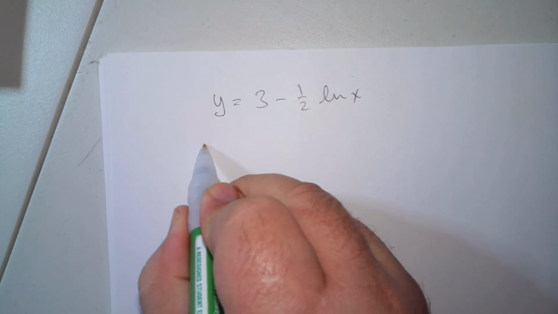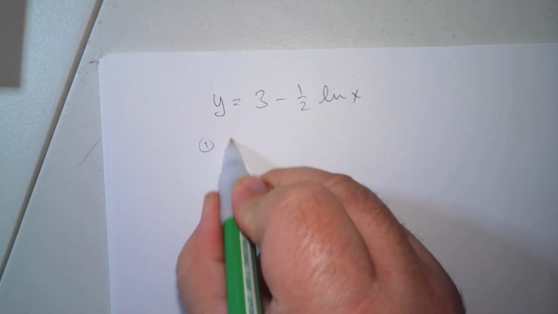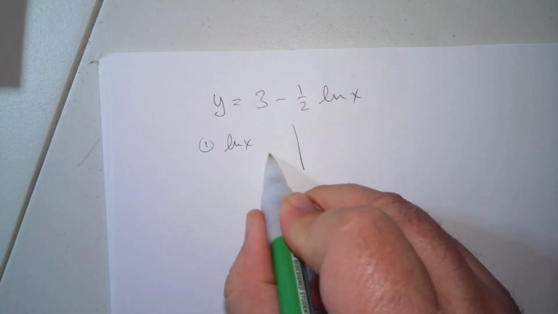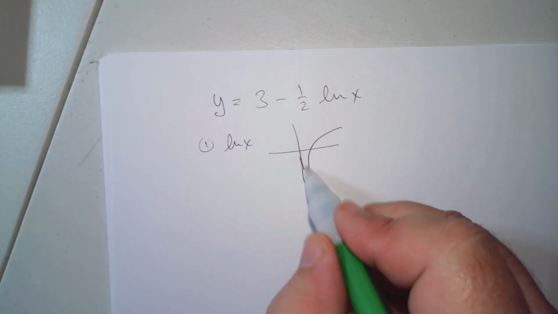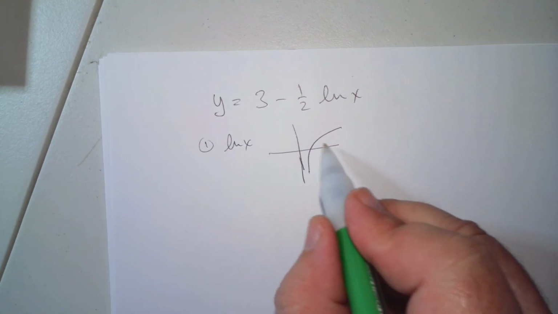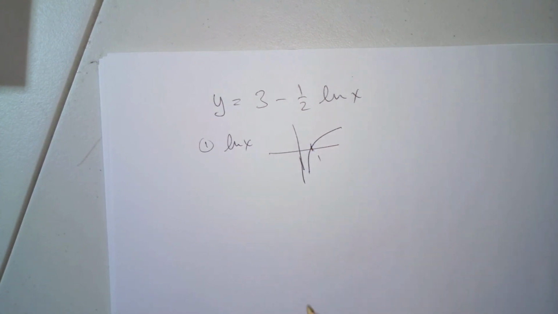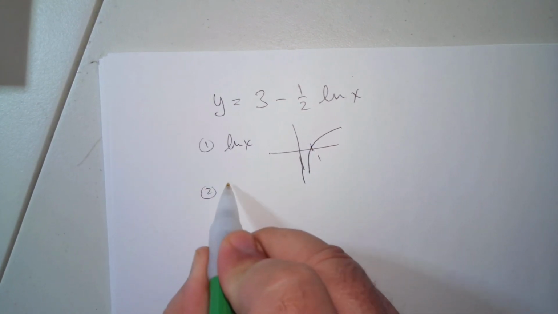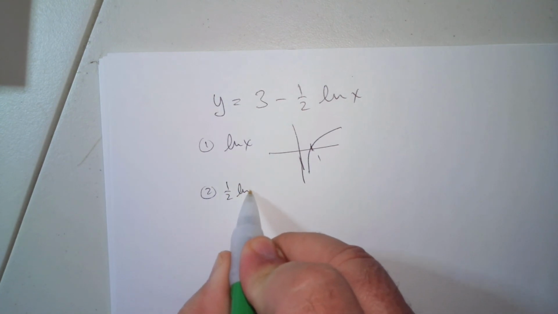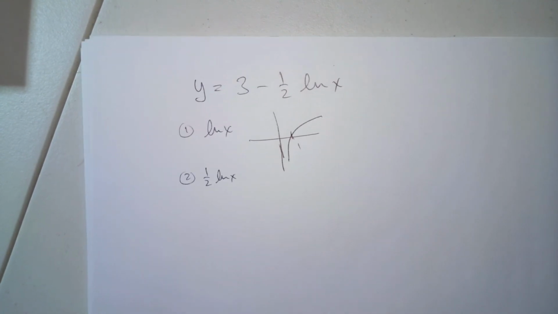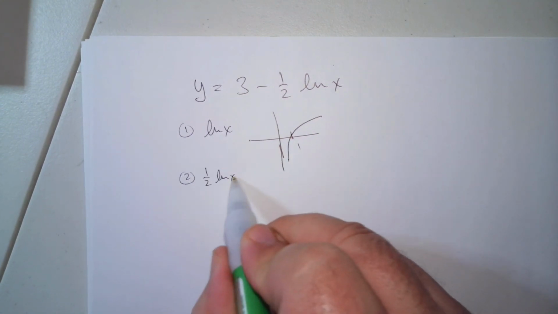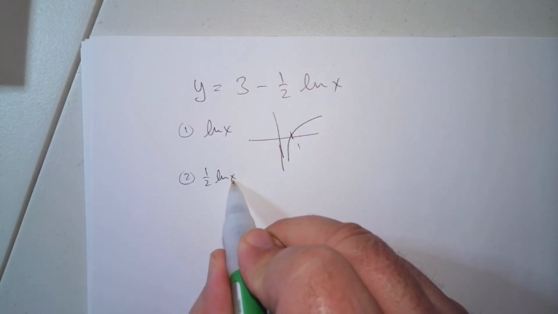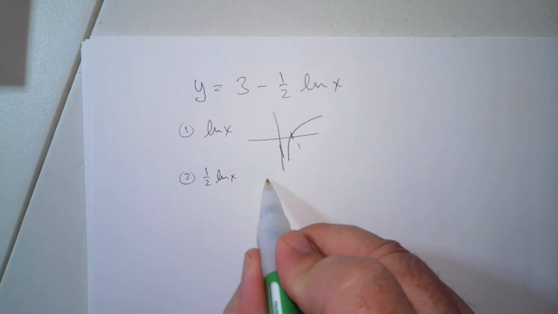So let's do it piece by piece. First one, ln x. Looks like this. Again, the asymptote is a vertical asymptote. It crosses through 1. One half ln x. Remember the intercept for this one is 1 times a half.